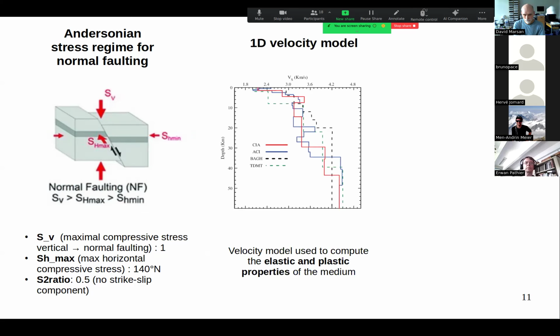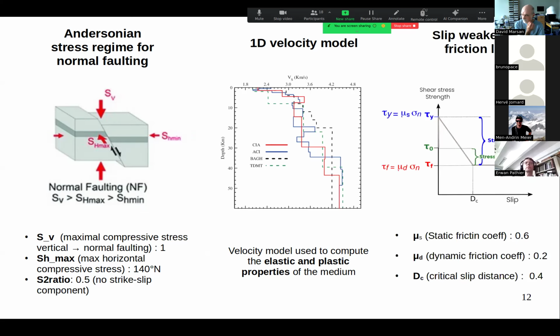For the velocity model, it is used to compute the elastic and plastic properties of the medium, and on the next slide I will show you more about the one we chose. We are using a slip weakening friction law with a static friction coefficient of 0.6, a dynamic friction coefficient of 0.2, and a critical slip distance of 0.4.